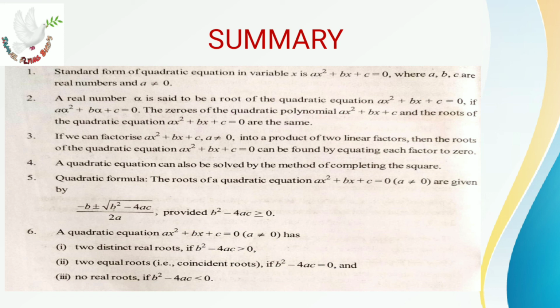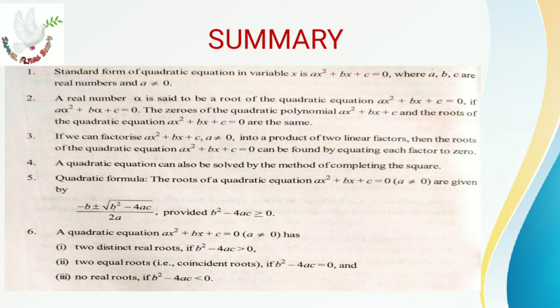This means we need to find the product of two linear factors. Now coming to the fourth case, a quadratic equation can also be solved by the method of completing the square, as we did before.